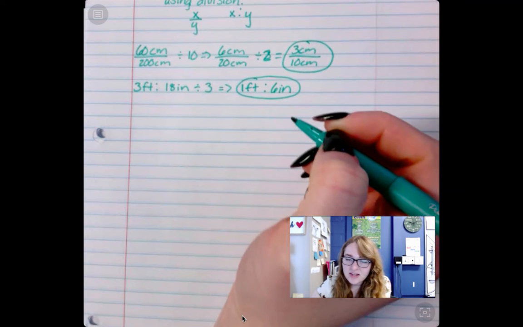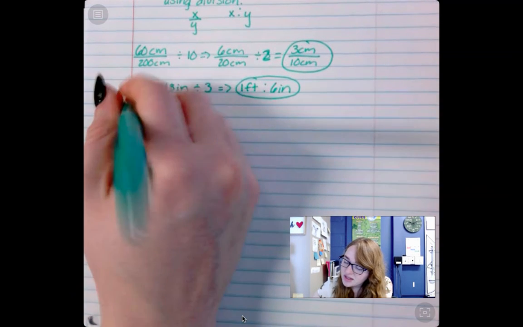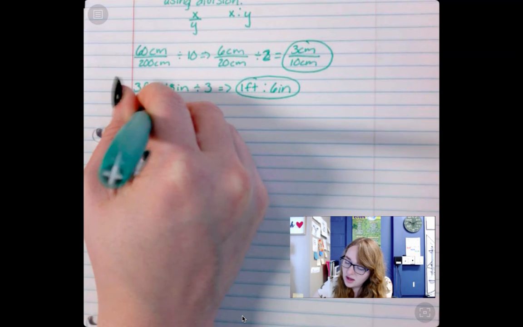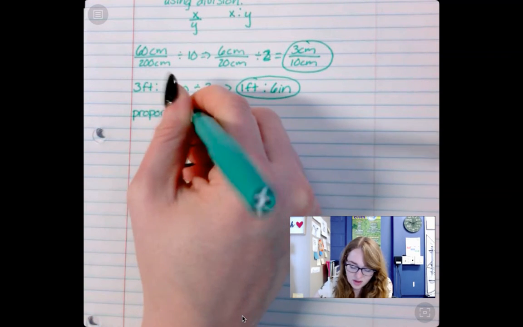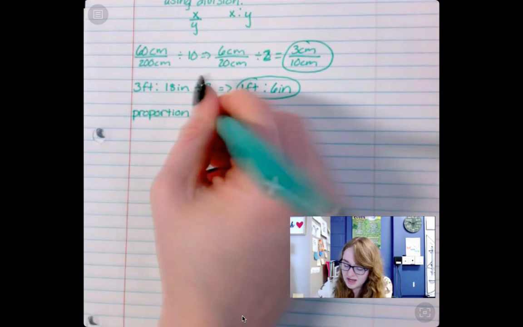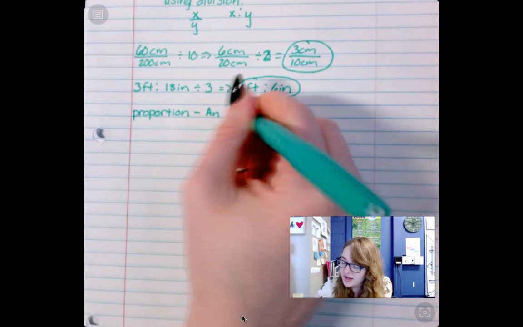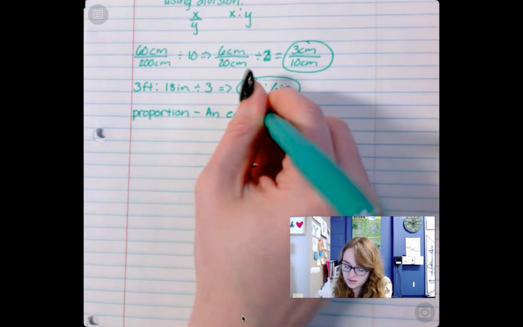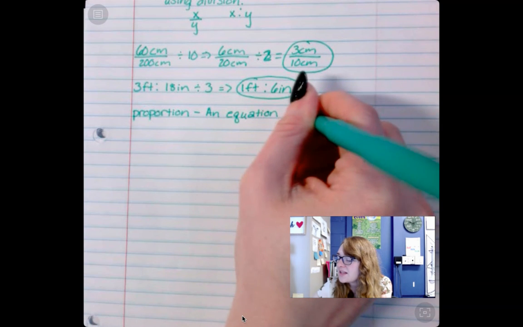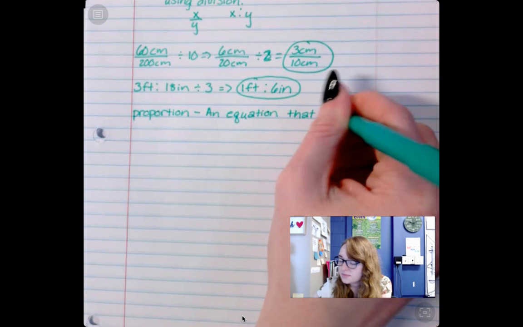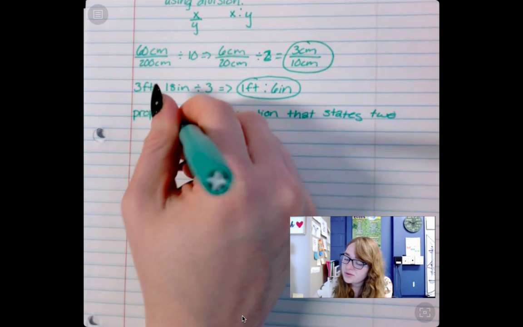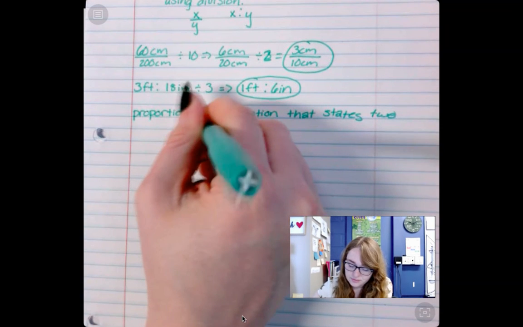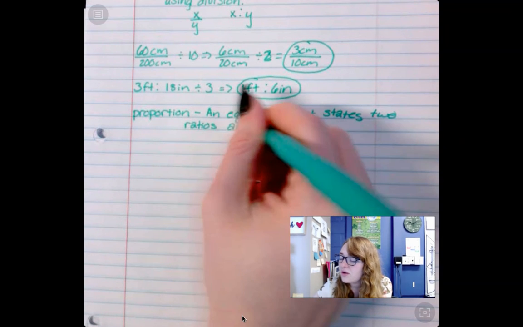The second definition that we get to learn today is a proportion. A proportion is an equation that states two ratios are equal.